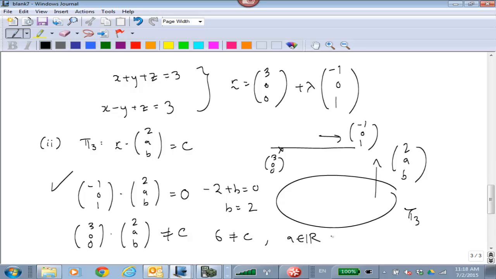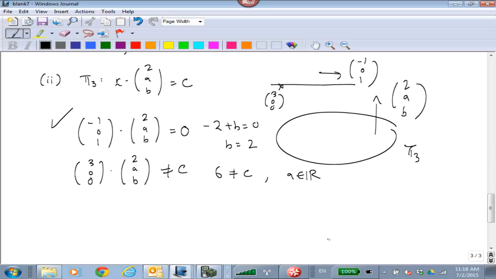Correct? What if now I extend the question? I want these three planes to have one common point. One common point. So what does this mean then? This means that the intersecting line of plane 1, plane 2 will touch plane 3 once. And to let the line touch the plane, you only need one condition.